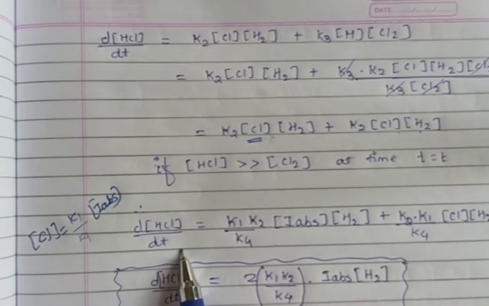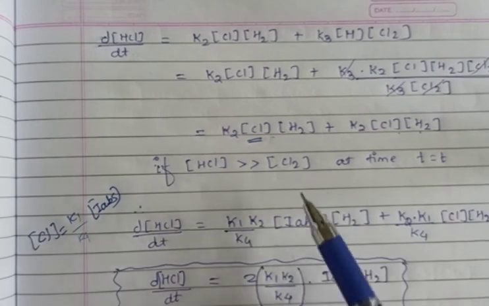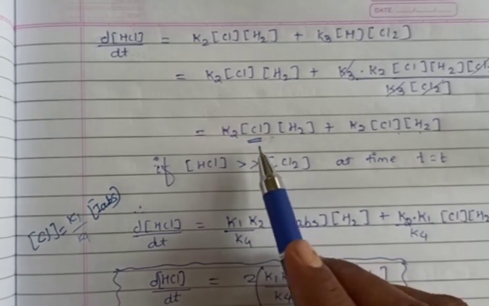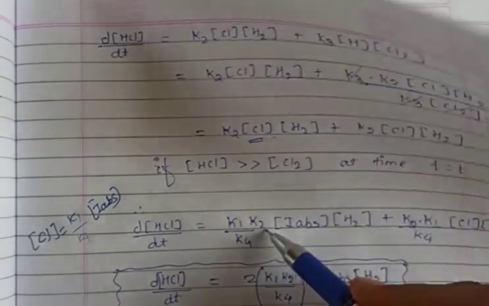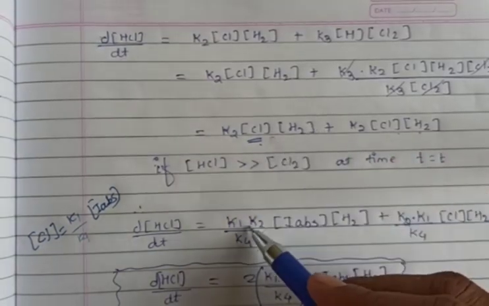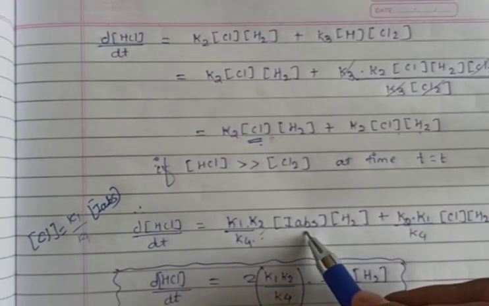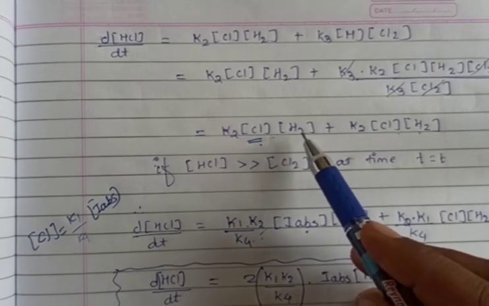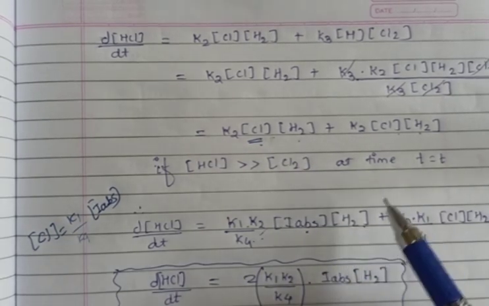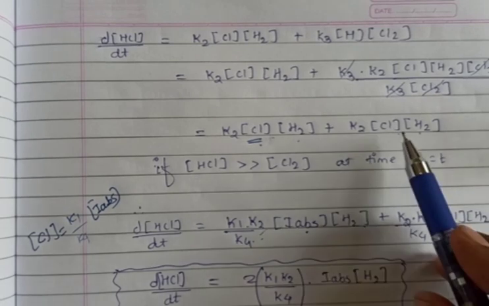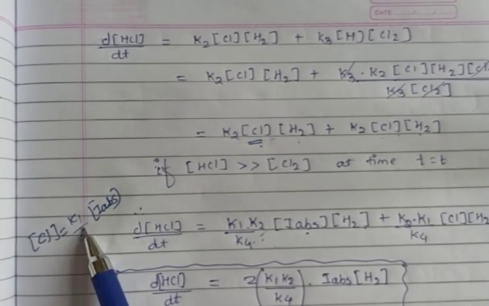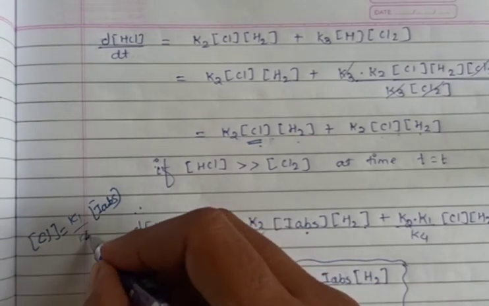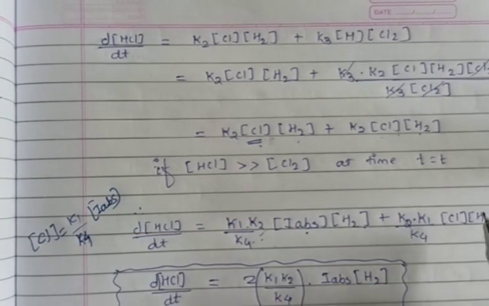Therefore, d[HCl] by dt is equal to K2 into concentration of Cl, so K2 as it is here, and Cl is equal to K1 by K4 into concentration of I absorbed, and concentration of H2 as it is. Same way you can put the value of concentration of Cl, equal to K1 by K4 into concentration of I absorbed, instead of this Cl.